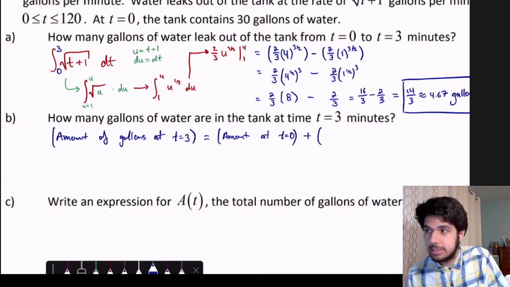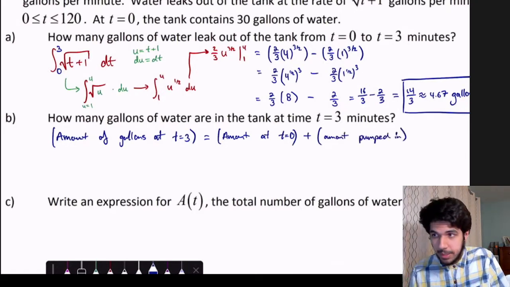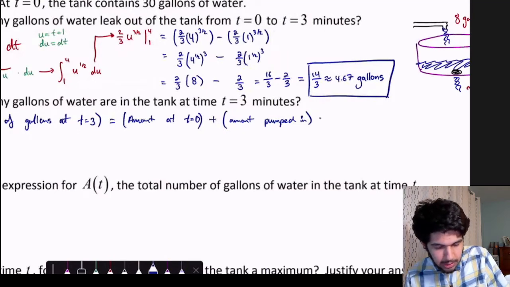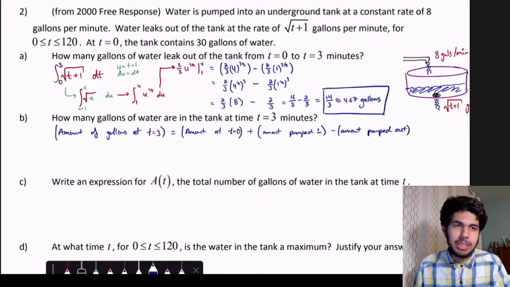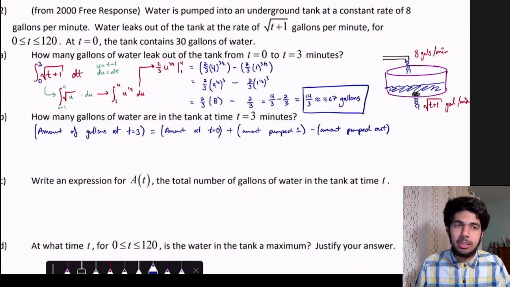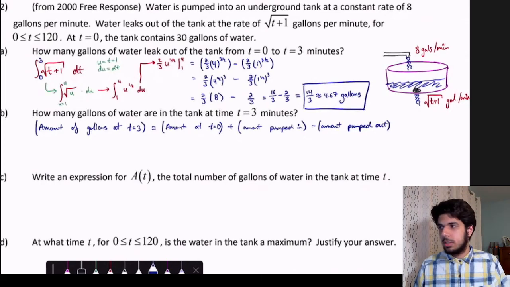We'll add to that the amount pumped in, so this would be like by the faucet, and then from there we will subtract the amount pumped out. So this should make sense conceptually, right? We're just seeing how much net water is being added to our tank in those 3 minutes, but we also have some starting amount. Okay, so now we just need to solve this.